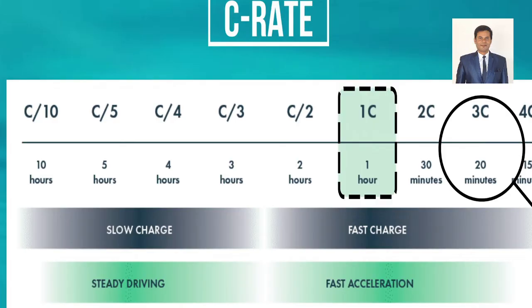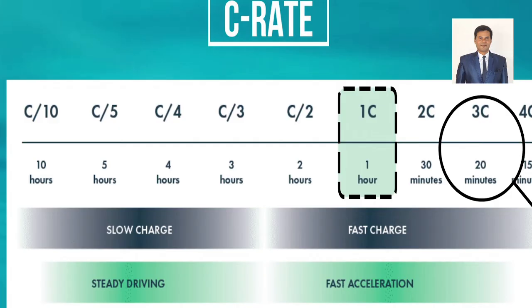Here the C rate specifies very clearly. On the left side you can see slow charging of the batteries, and on the right side fast charging. It depends upon how much charge can be stored in the batteries. You can see fast acceleration on the right-hand side, and on the left-hand side steady driving.